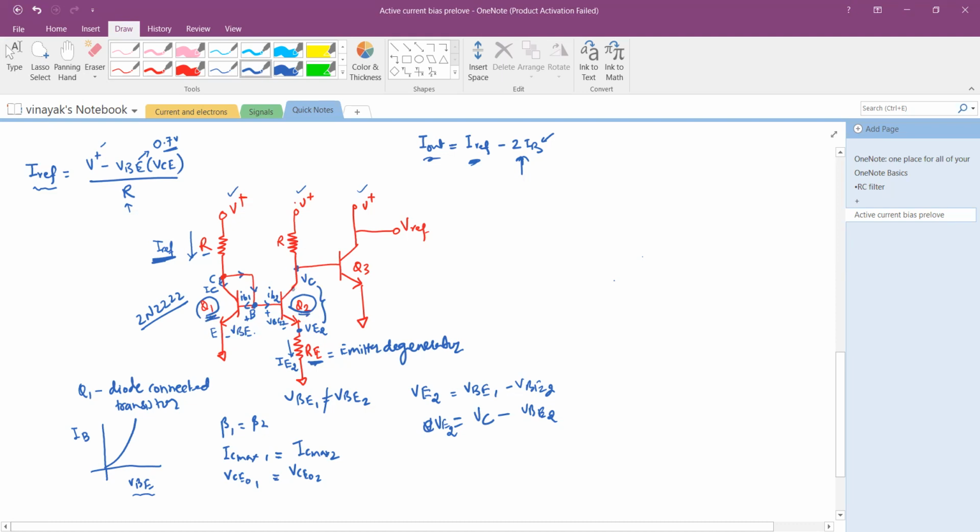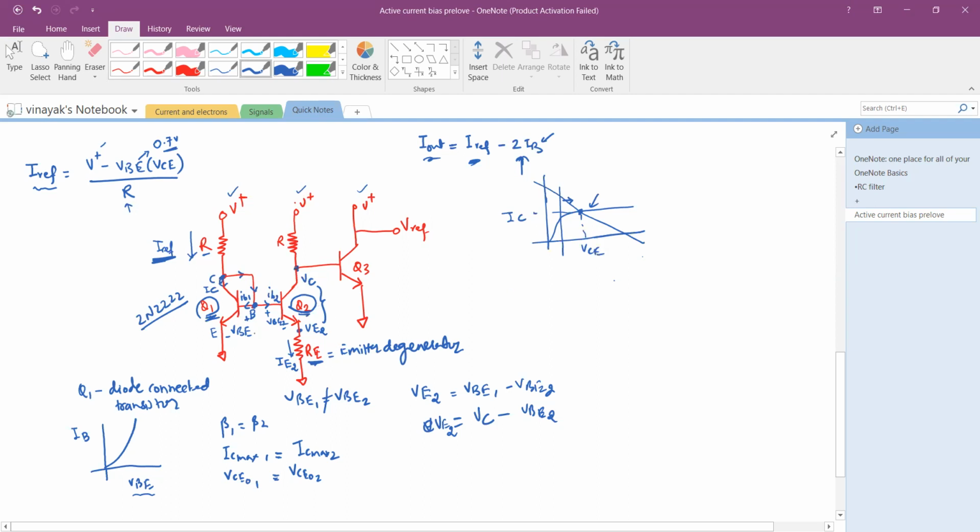We need to make sure that your transistors Q1 and Q2 are operating in the linear mode of operation. Linear mode of operation suggests your transistor is operating to the right of this line. That's your active mode. That is how you will have the operating point somewhere here for a value of collector current and collector to emitter voltage.